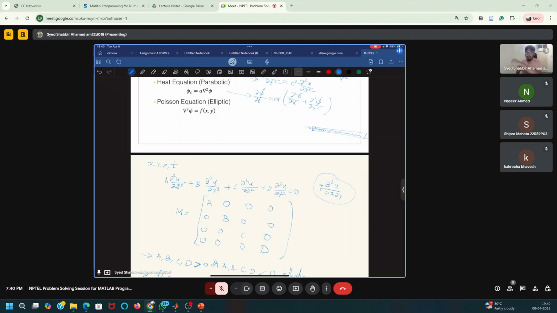This classification is only for second order PDEs. I don't think this exists for higher order PDEs like third order or fourth order.